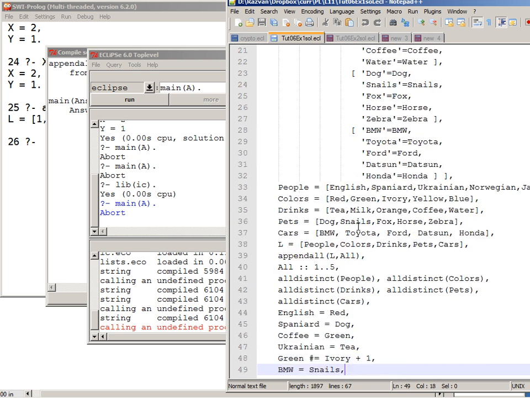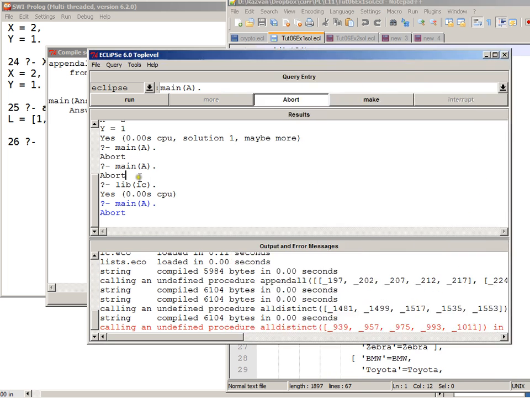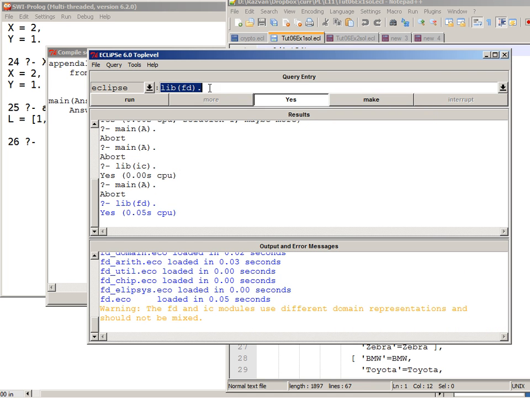I have no idea what happened. So what are we? Oh, we're using the FD, not the IC. Sorry. FD is finite domain. It should not be mixed, of course.